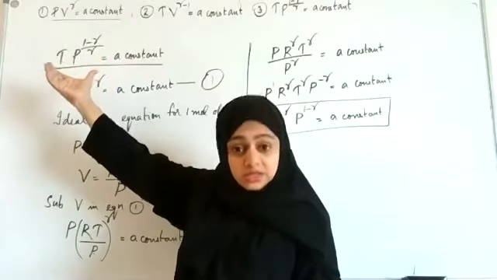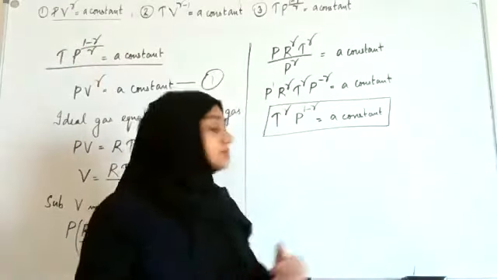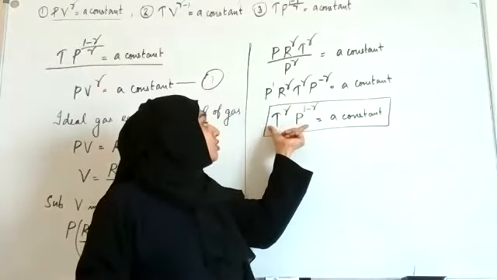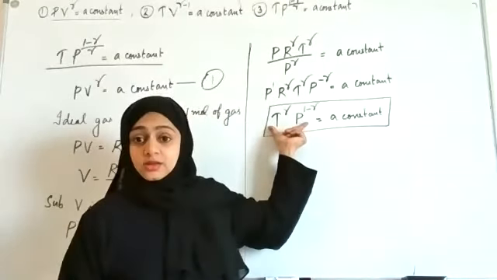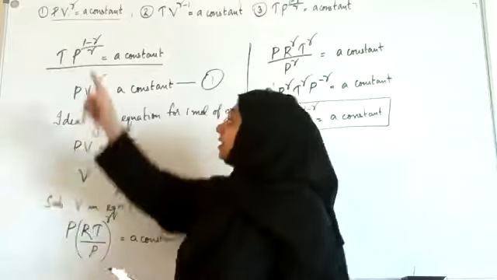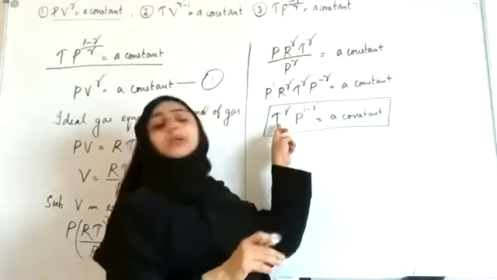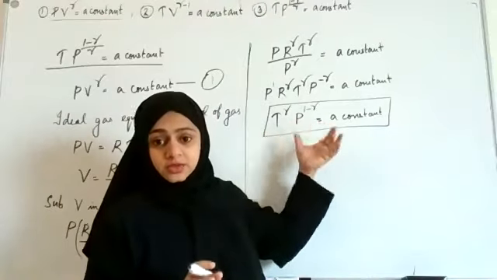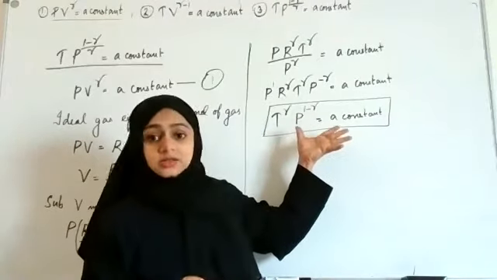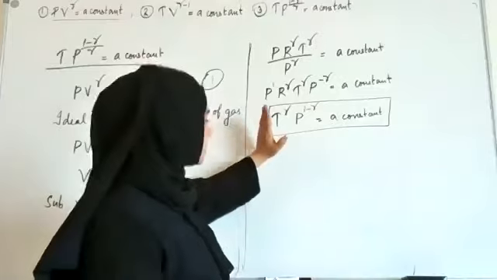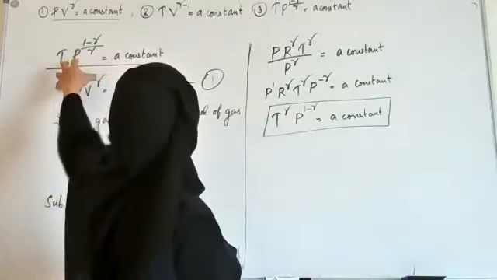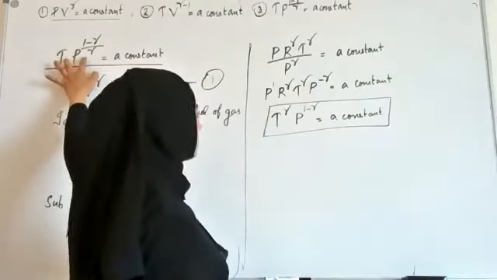That's true. Maybe this they will give, and sometimes to confuse you, they will give this as well. So if you have learned only this one, what happens? You tend to think that this is wrong, but this is right. This also is correct. Now let us do one more step to go to this part.